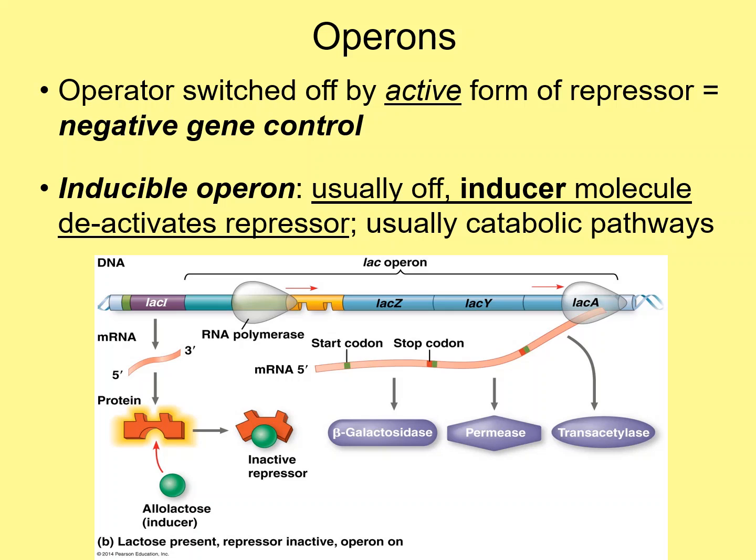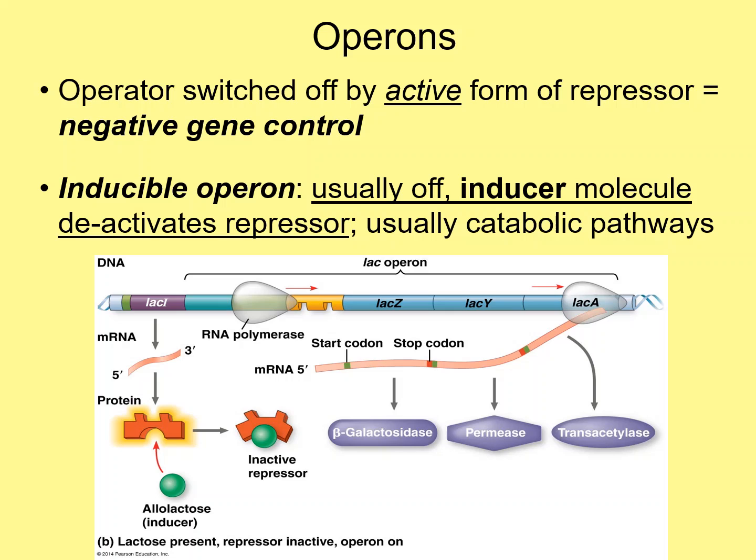So the operon is normally turned off, meaning that the repressor is normally produced in the active form. Because it's always the active form of the repressor that binds to the operator. That's always true, whether inducible operon or repressible operon.